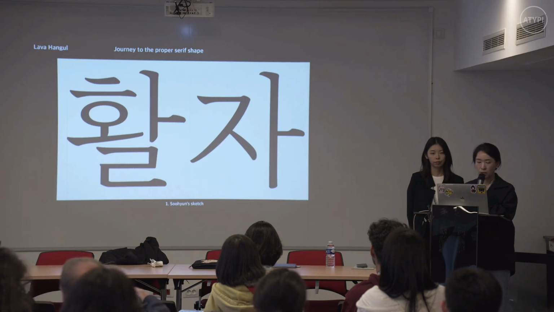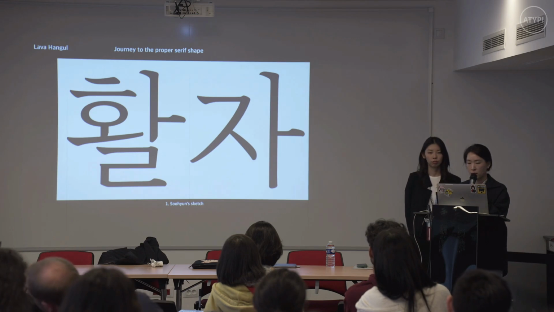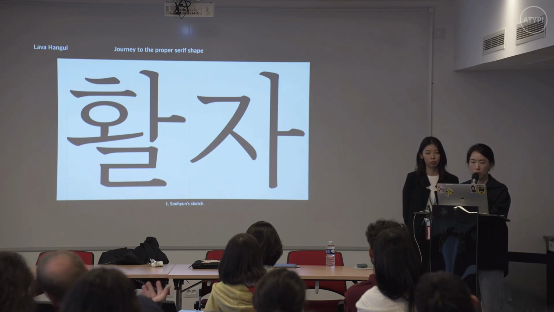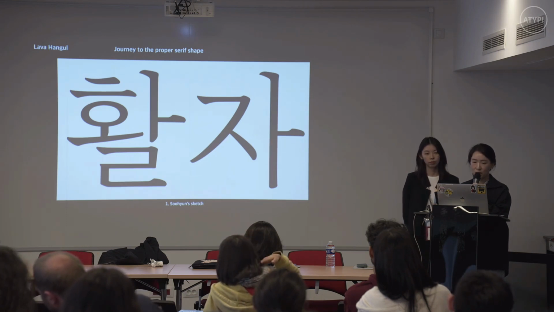The image shown here is the early digitalized ideation of Lava Hangul created by Suyeon Park, who is a Sandoll designer. As you see, the shape of the serif is more rooted in brush stroke expression with Myeongjo style structure.